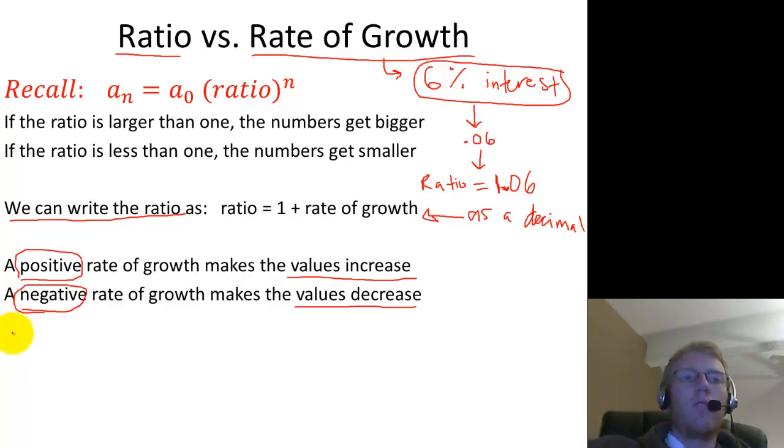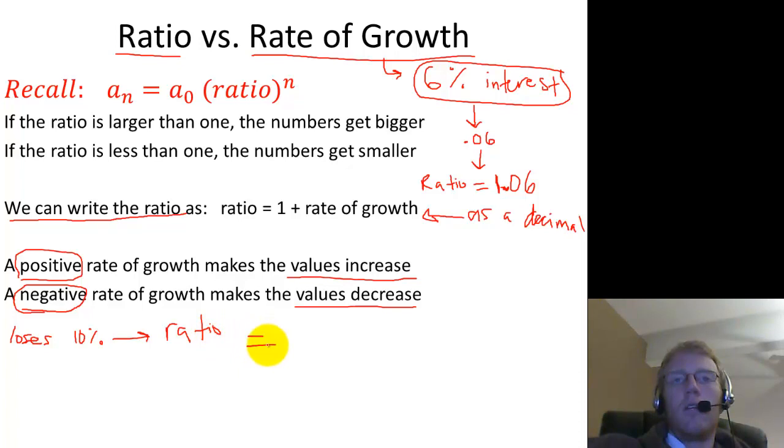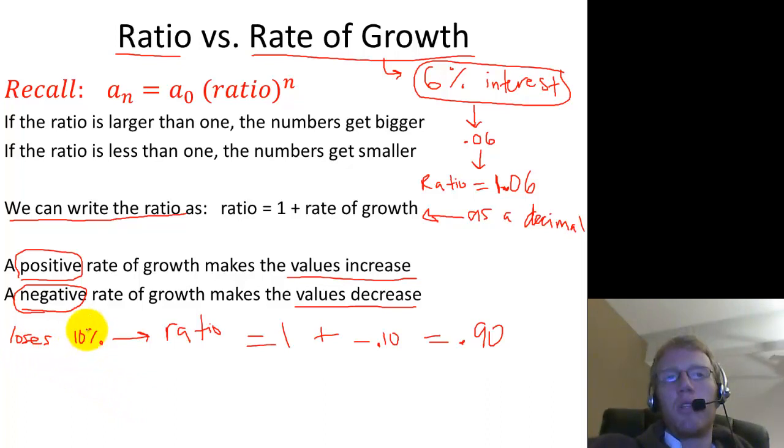So what if your bank account loses 10%? Okay, then your ratio is 1 plus a negative 0.10, which is 0.90. And another way you could think about this is, if you lose 10%, how much of your value do you retain?